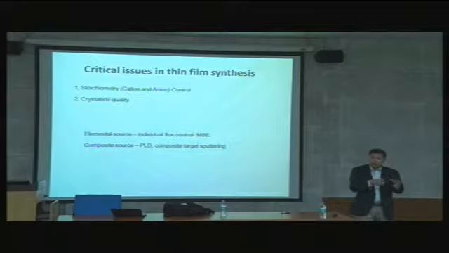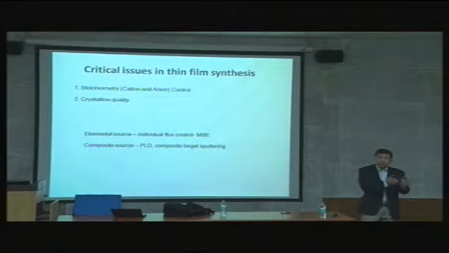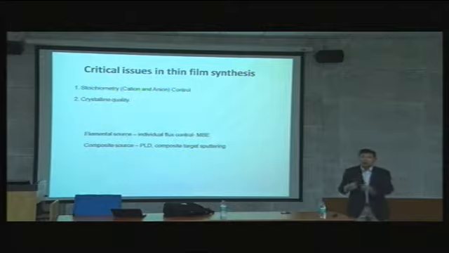When you read the papers, you can immediately see the quality of the thin films from a few sentences or one paragraph. You will know the quality of the material. That is very important, because you need the best quality material to give the best science.